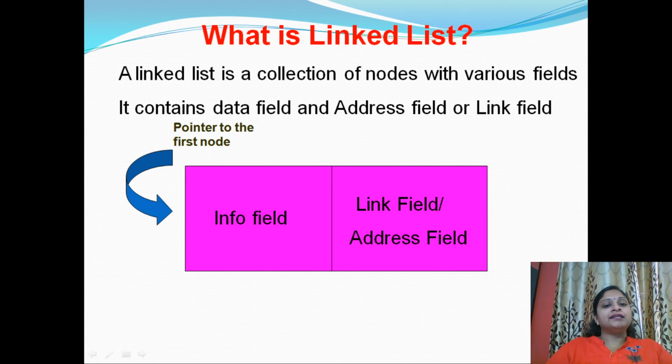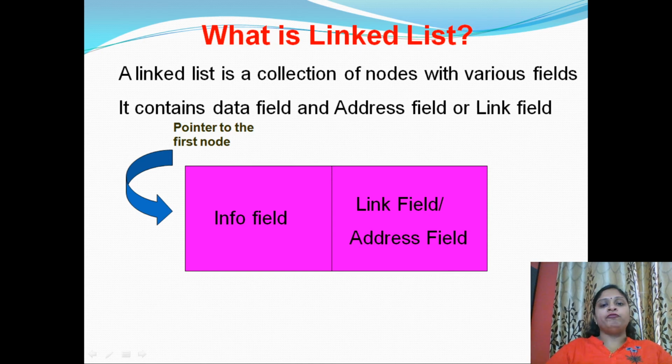Consider the example of arrays, because we'll compare this linked list with arrays. Suppose you want to create an array of 10 integer elements. That means at each and every location you are going to store an integer value. That value could be 2, 4, 6, 8, 10 like this. The same data part, value part, we need in a linked list.